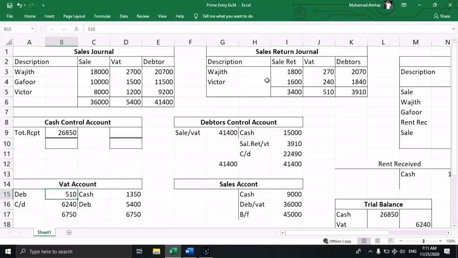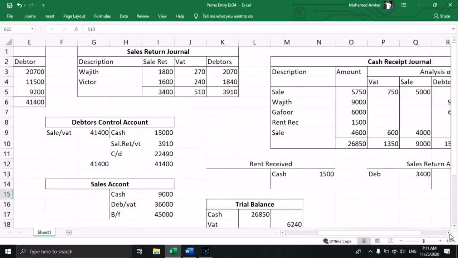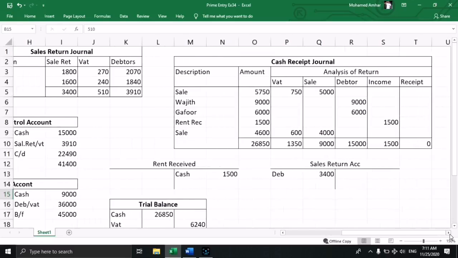Okay, right, now we transferred sales journal totals. Now the other journal is cash received journal. Right, cash received journal total amount is 26,850. That is cash received.